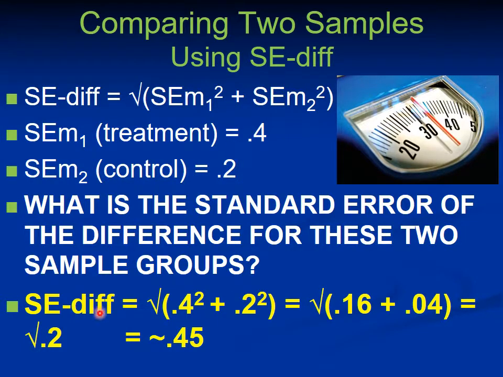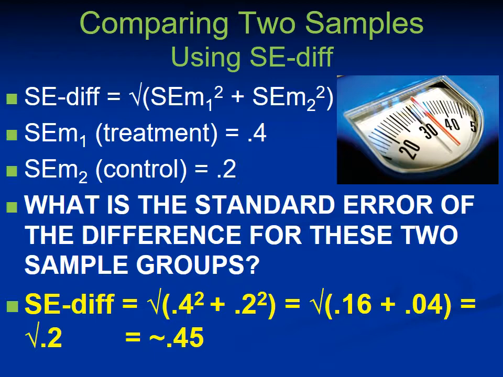Okay, so here's our formula for standard error of the difference. First, we have to take our standard error of the mean for the treatment group, square that, and we have to add the standard error of the mean of the control group that has also been squared, and put our numbers in there. We do that math.